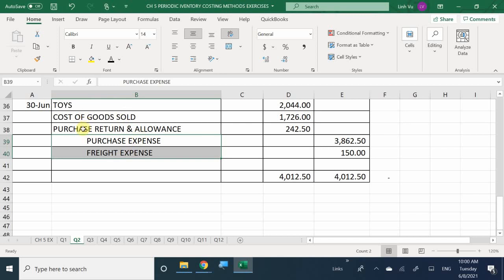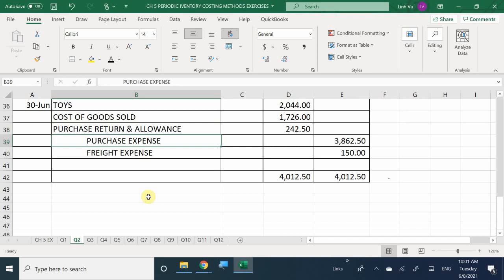In this context, we are using the idea of the contra account. If I'm crediting my purchase expense because I'm zeroing out my account, I'm going to do the same thing with my purchase returns and allowances, because right now it has a credit balance. So now I need to debit it to zero out that account. Remember, these are contra accounts. This is a contra account to the original purchase expense itself.